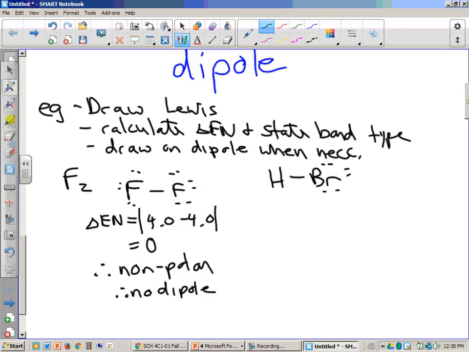Delta En. I've been using them a lot over the last few days, so I've memorized that it's 2.2. And what is the bromine? 2.96. 2.96 delta En.